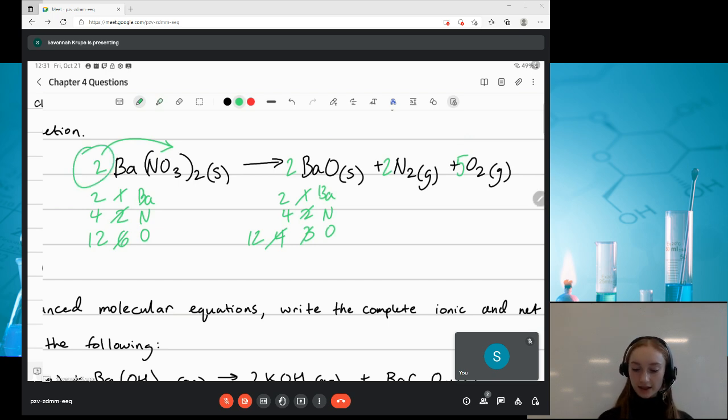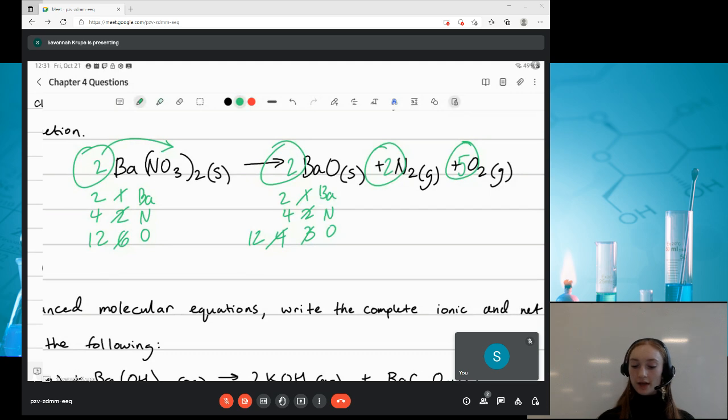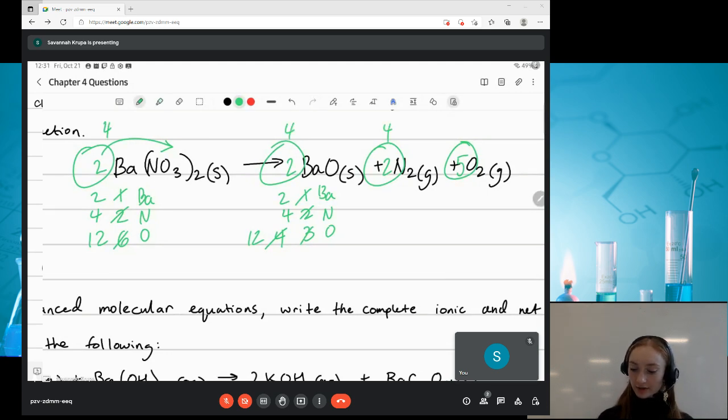If you look at these at the end, and all these coefficients that we added to each of these compounds and gases, then if this was 4, this was 4, this was 4, and this was 10, so twice the amount, and you realized, oh, this can be simplified, you can just divide all of those coefficients, as long as everything in your left and right equations can be divided by that, then you can simplify it down even more.